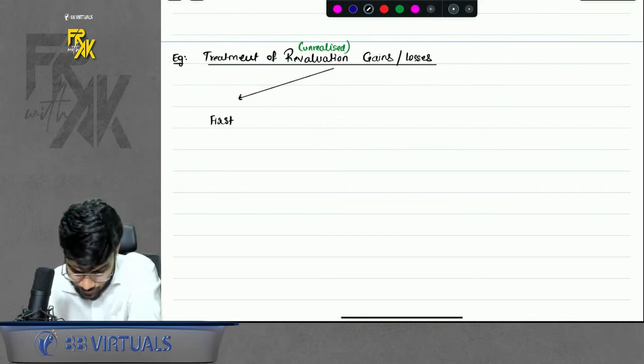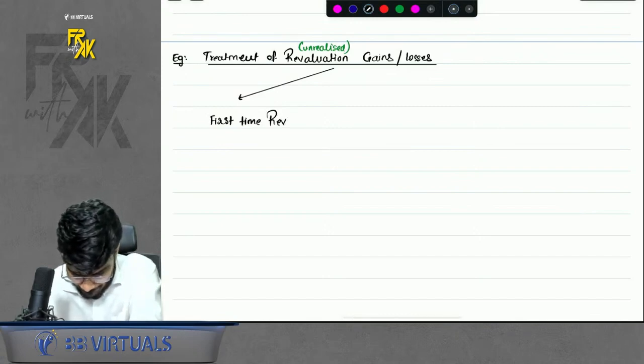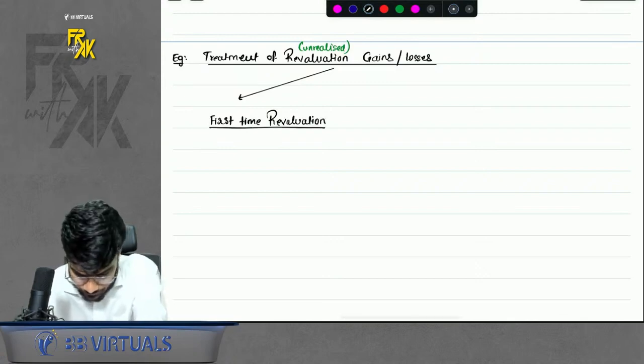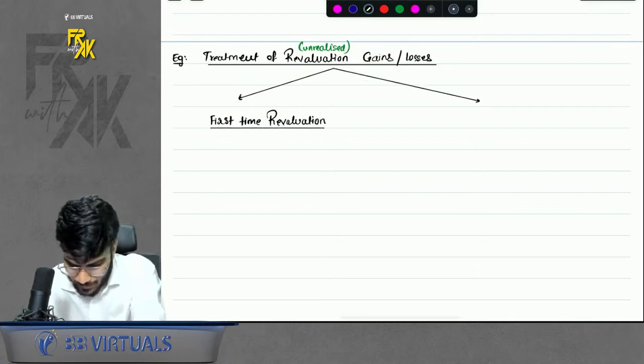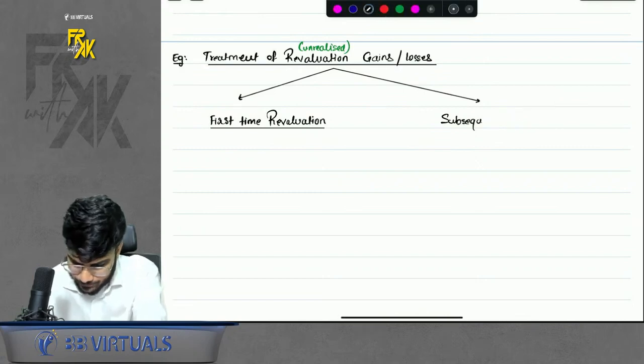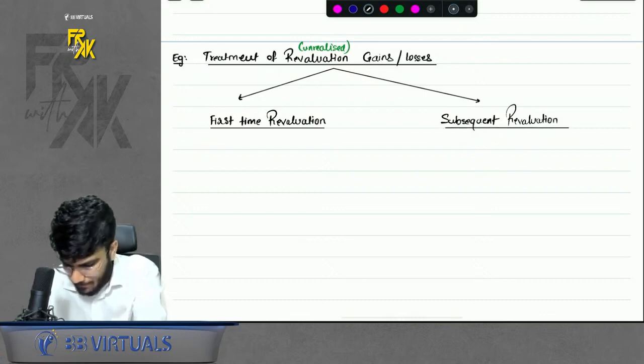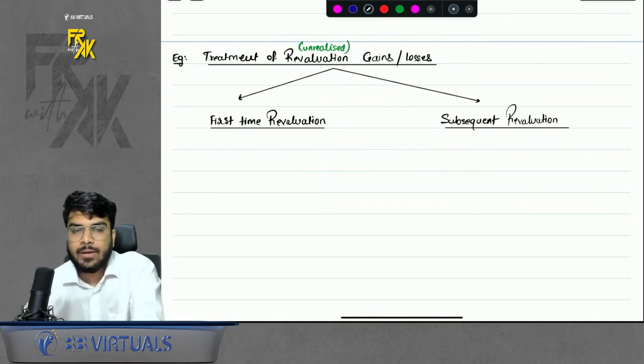One is first time revaluation, and the other one is subsequent revaluation.